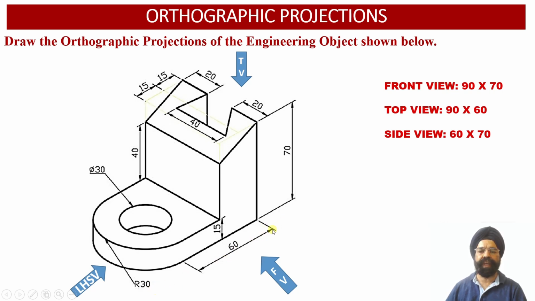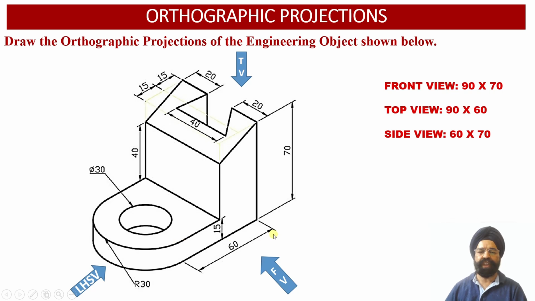We can check over here, this portion of the solid is measuring 60 millimeter, while this circular portion of the horizontal width has dimensions equal to 30 millimeter, which is the radius of this semicircular arc.